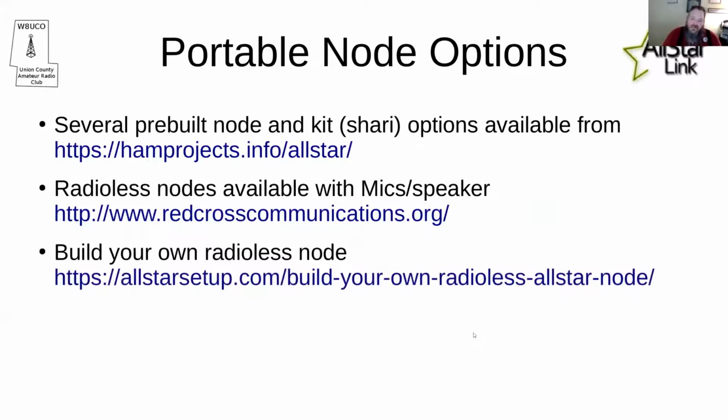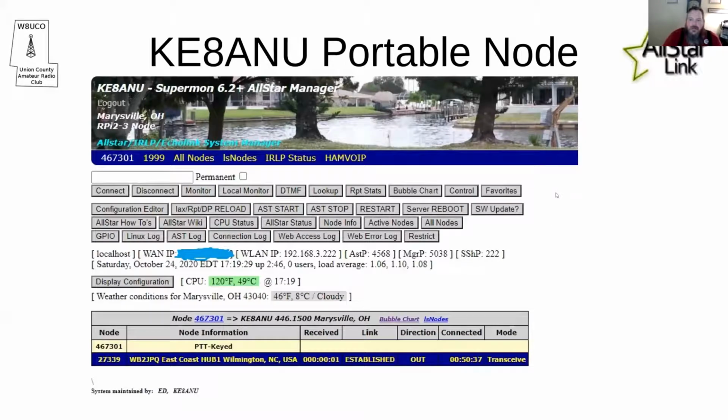So you have a lot of different ways you can connect to Allstar. This is the Supermon for my portable node. And as you can see, I'm connected to the East Coast hub.